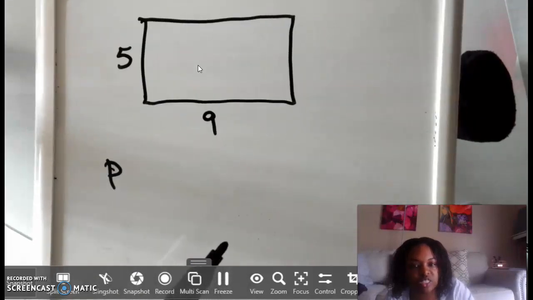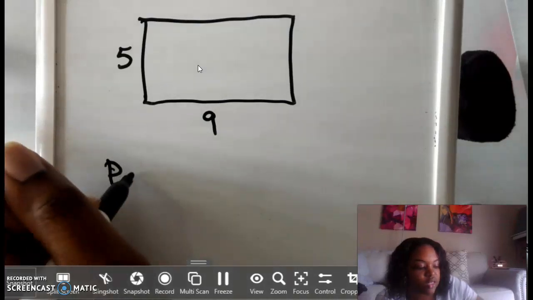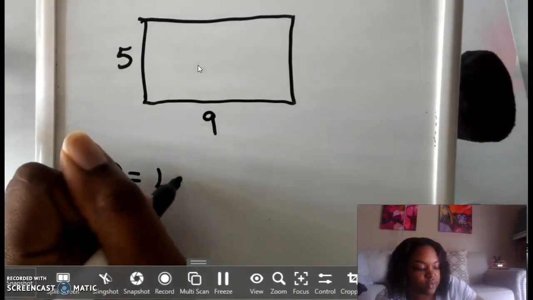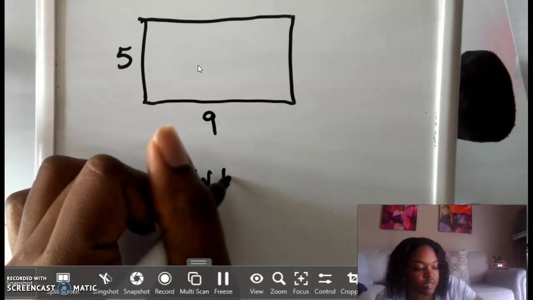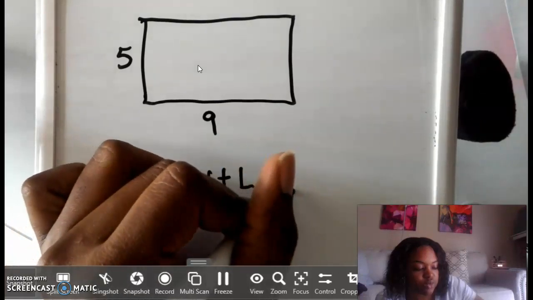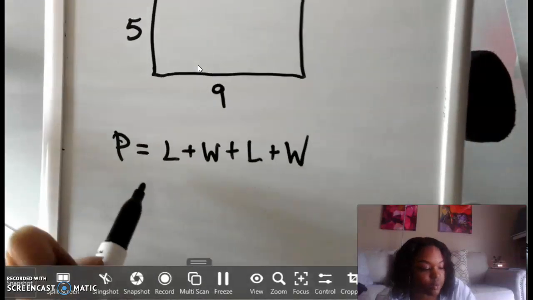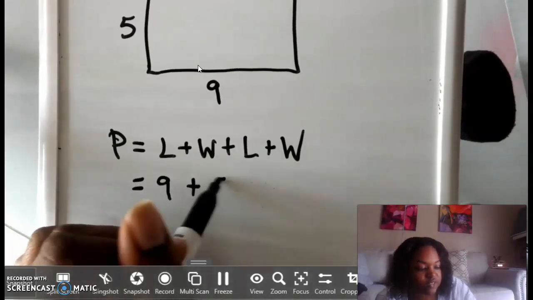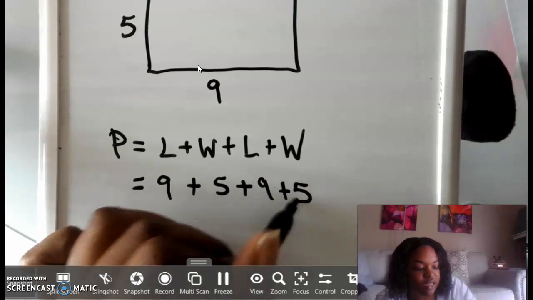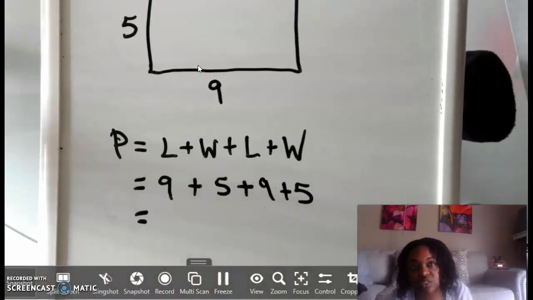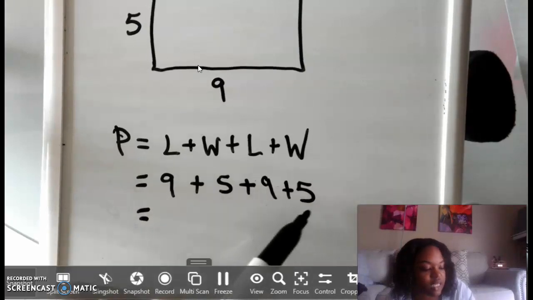So perimeter, just in case you don't recall, to find the perimeter, we add up the length plus the width plus the second length plus the second width. So we add all these things up to get the perimeter. So that would be 9 plus 5 plus 9 plus 5. And then we just do some simple arithmetic to add this together. 9 plus 9 is 18.